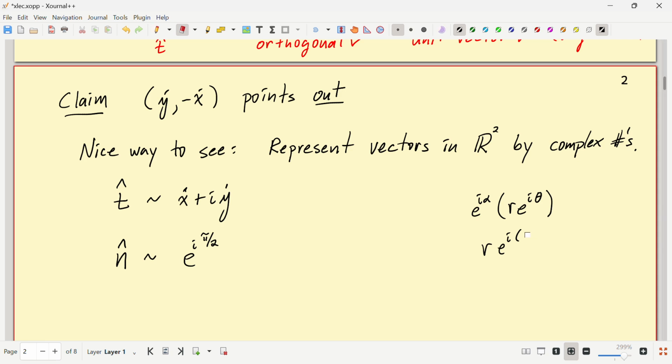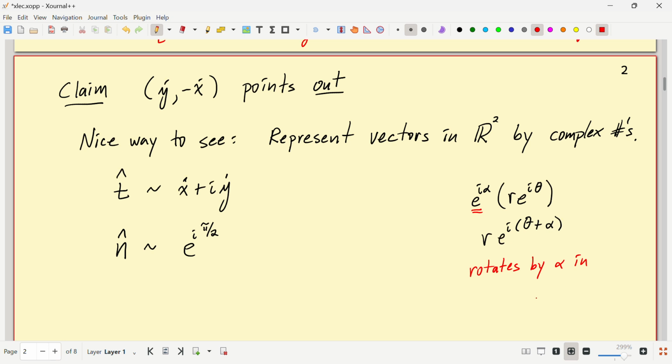So that rotates that vector by angle alpha, counterclockwise.